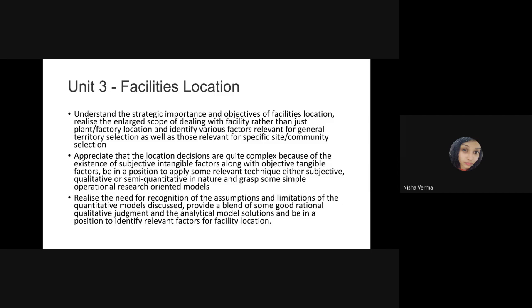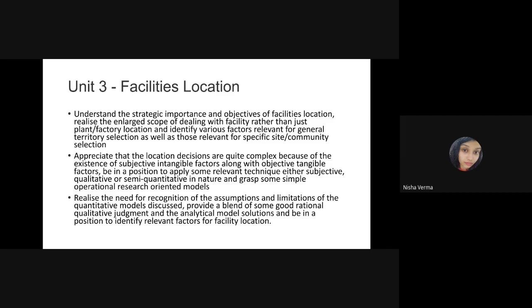And once this facility is set up at a location, it is difficult to shift it to better locations because of numerous economic, political, and sociological reasons.